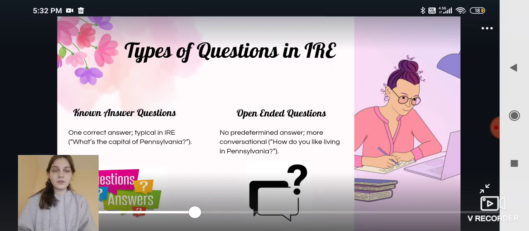This question can have a lot of answers because, like we said, it is an open-ended question. Closed question types are more used in teacher-centered classrooms, while open-ended questions are more likely to be used in student-centered classrooms, because in student-centered classrooms, teachers want students to think and improve their critical thinking.